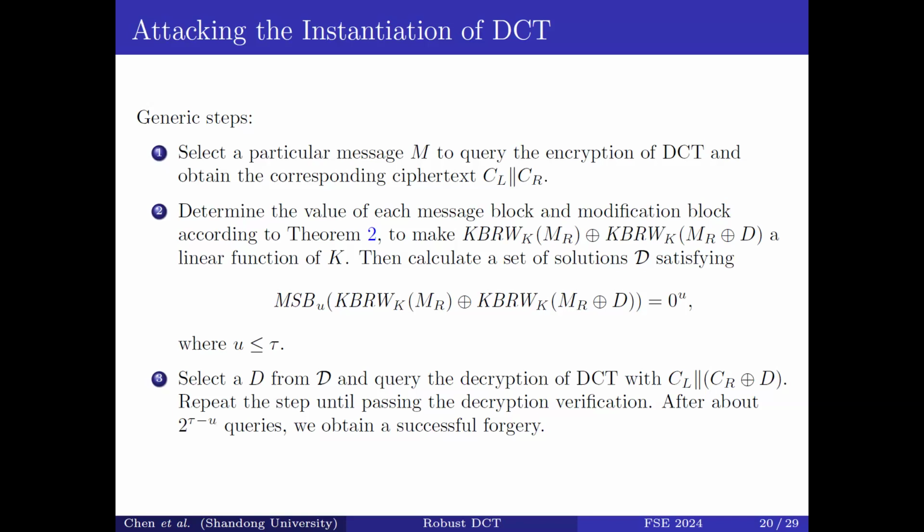After that, we will get a linearized KPLW function, and we will calculate a set of solutions D satisfying that the most significant U bits of the stretch will be all zeros. For the latter part of the stretch, we will repeat about 2 to the tau minus U decryption queries until we get a successful forgery.